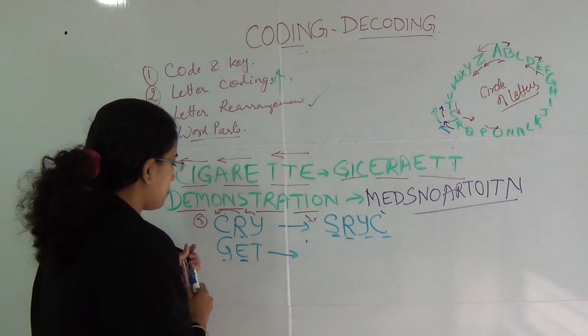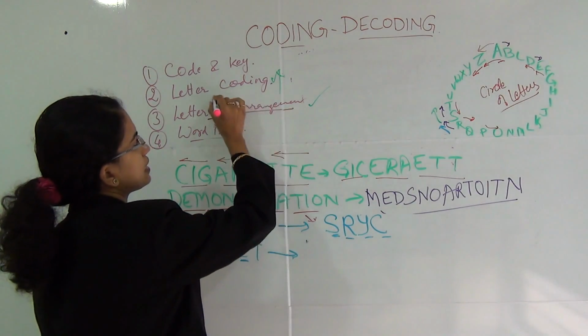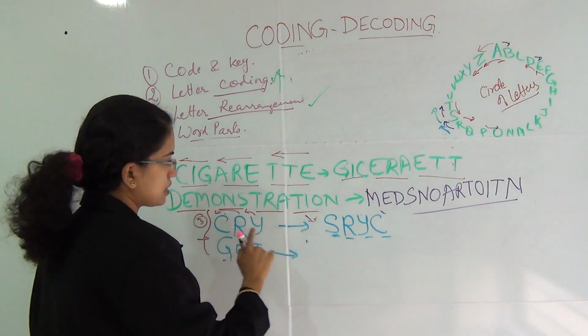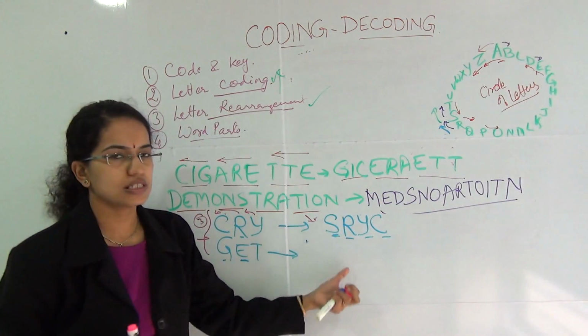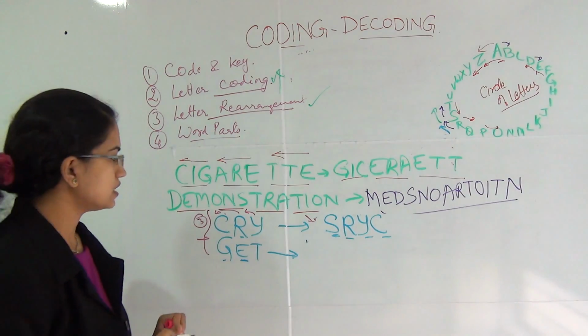This type of problem is a combination of letter arrangement and letter coding. I am using the code here and the rearrangement here. So this is a typical problem which combines both letter coding and letter arrangement.